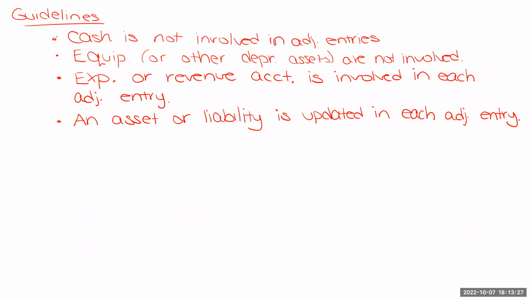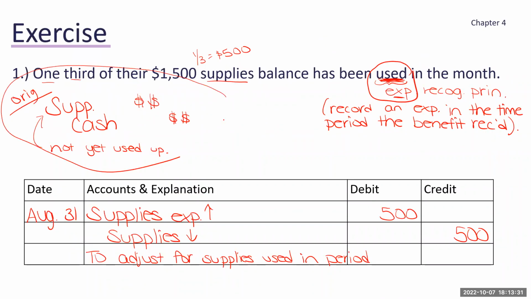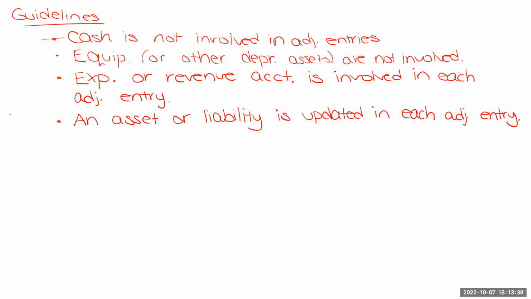Okay, there was no cash. You saw me journalize cash up here, but it was for the original entry, not the adjusting entry. These are your guidelines for adjusting entries. So there was no cash account in my adjusting entry at August 31st. We weren't dealing with equipment, so that one's kind of N/A.